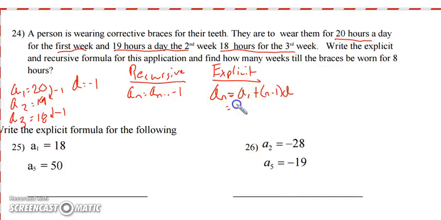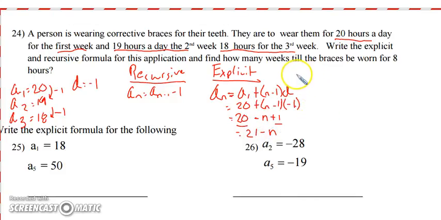A1 is 20 plus n minus 1 times d, which is negative 1. And I put parentheses around my negative numbers just to make sure I keep up with them. So we get 20. Negative 1 times positive n will be negative n. Negative 1 times negative 1 is plus 1. Combine your like terms. 20 plus 1 is 21 minus n.